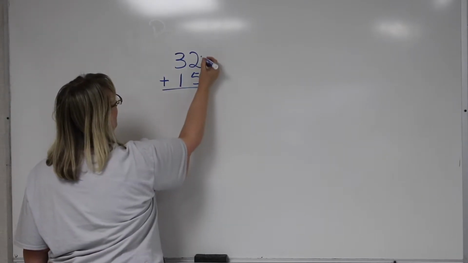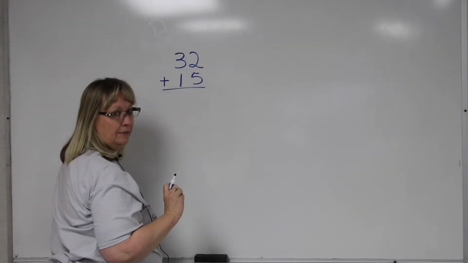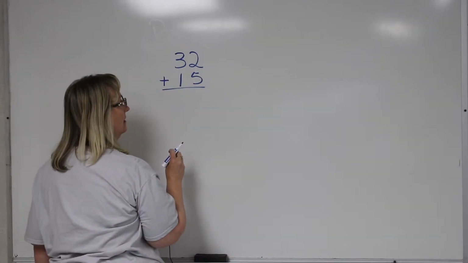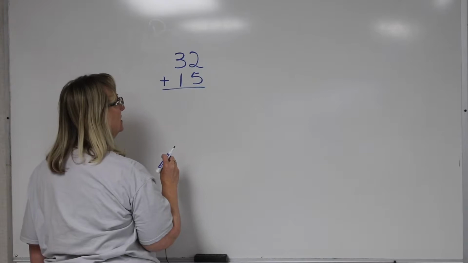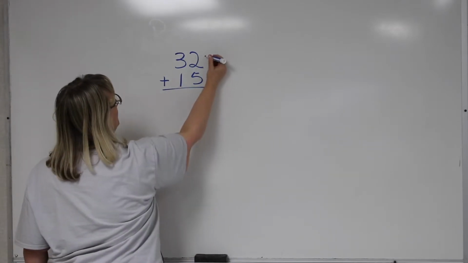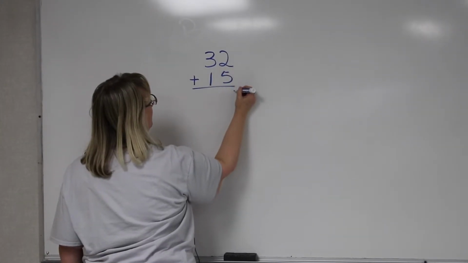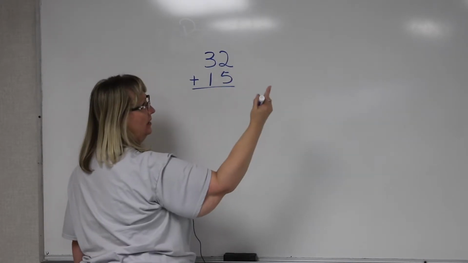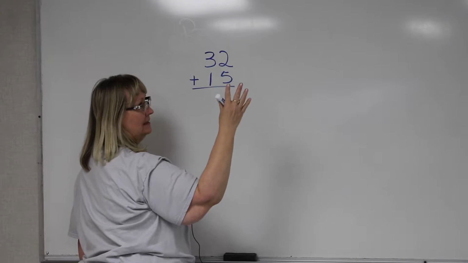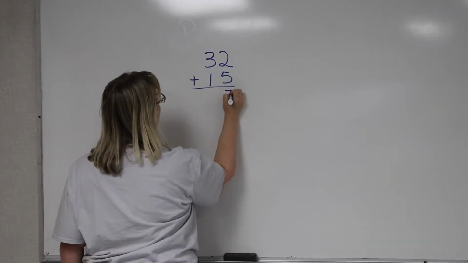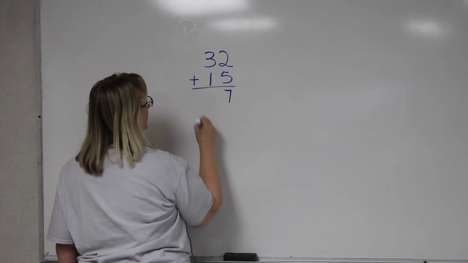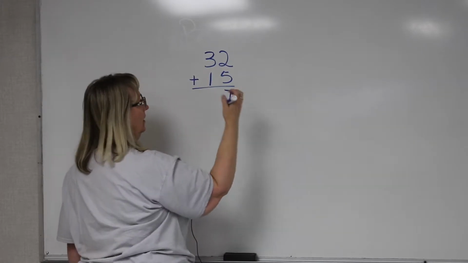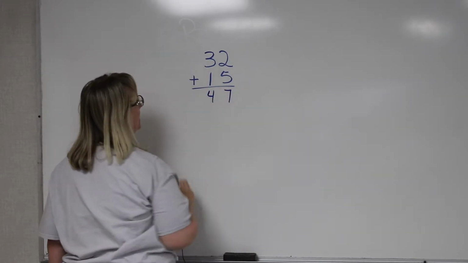If you want to have a piece of paper and a pencil or a whiteboard and a marker, you could do this with me. So we start at the top and work our way down. 2 plus 5 is 2, 3, 4, 5, 6, 7. And 3 plus 1 is 3, 4. So our answer is 47.